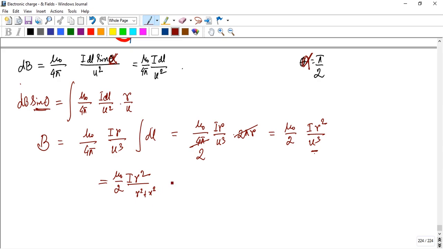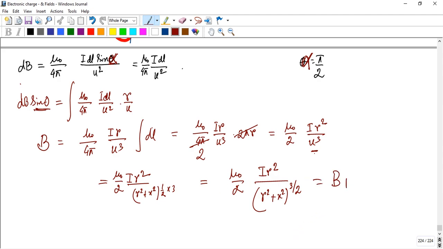Here u cube is the root, meaning half power, and three times that. So finally we get mu 0 by 2 I r square by r square plus x square whole to the power 3 by 2. That is equal to the magnetic field at point P.